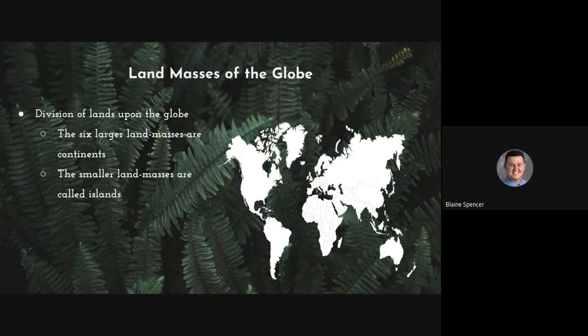The six larger land masses are called continents: North America, South America, Europe, Asia, Africa, and Australia. And then the smaller land masses that are not considered continents are islands. Yes, islands.